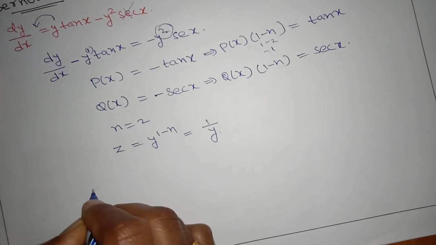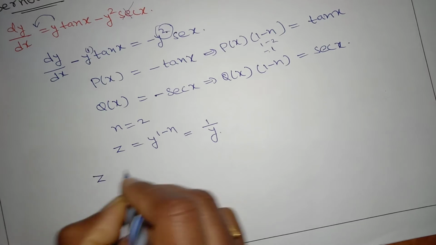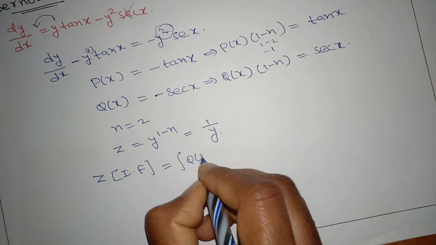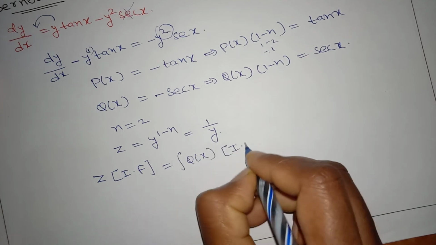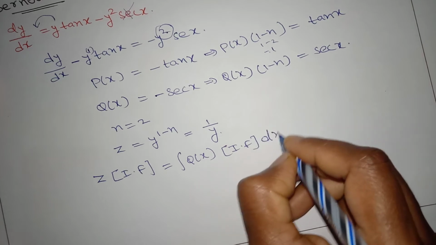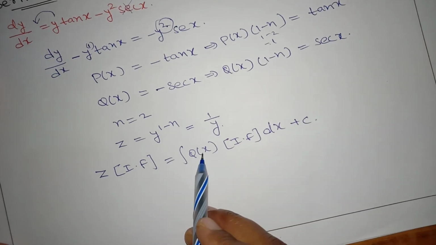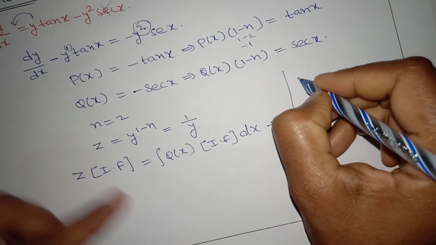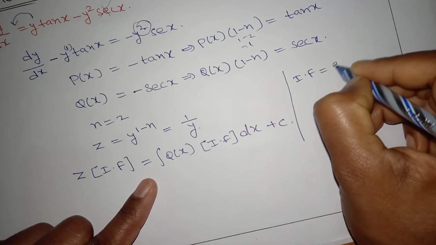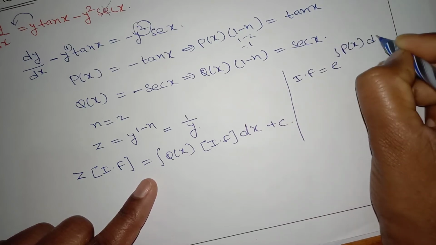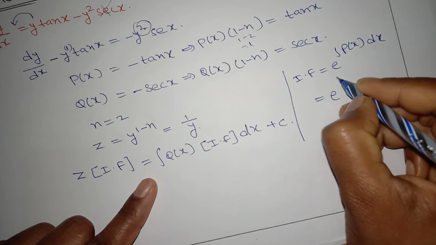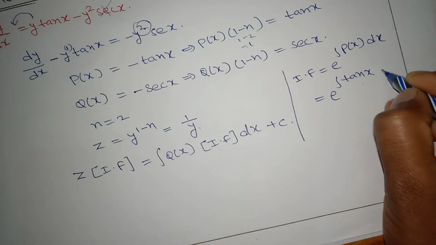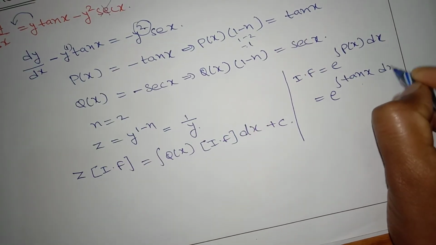Now the general solution is z into integrating factor equals integral of q of x into integrating factor into dx plus c. Now substitute q of x and integrating factor. For integrating factor, we have e power integral p of x dx, e power integral tan x dx.